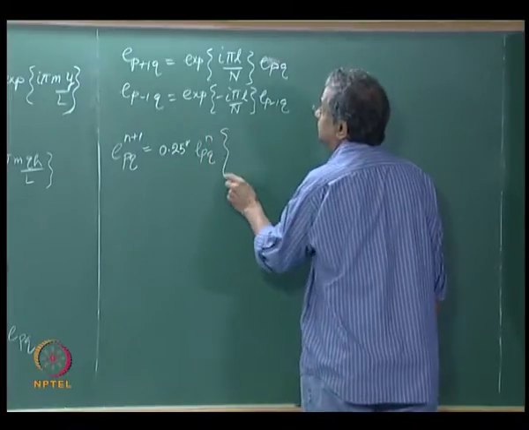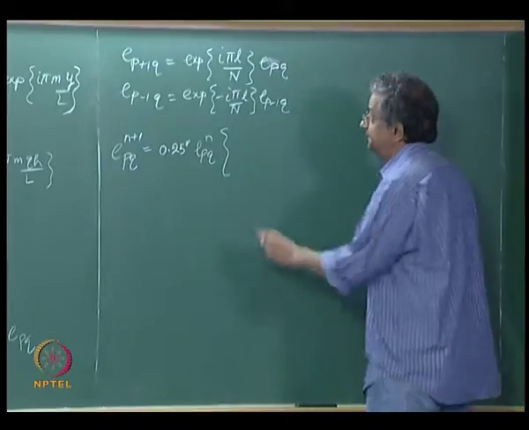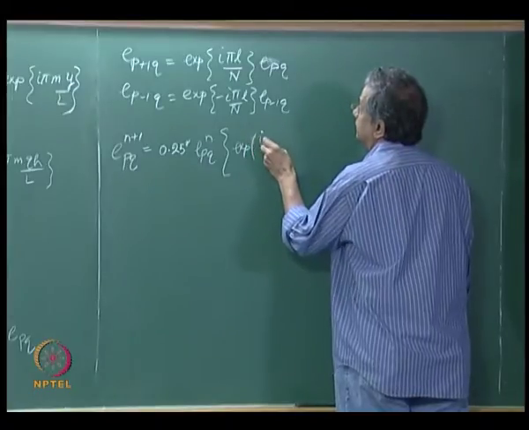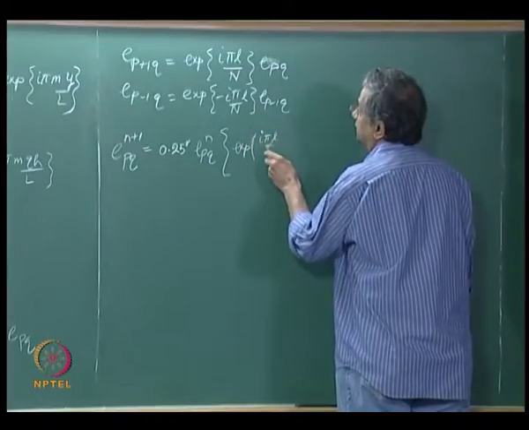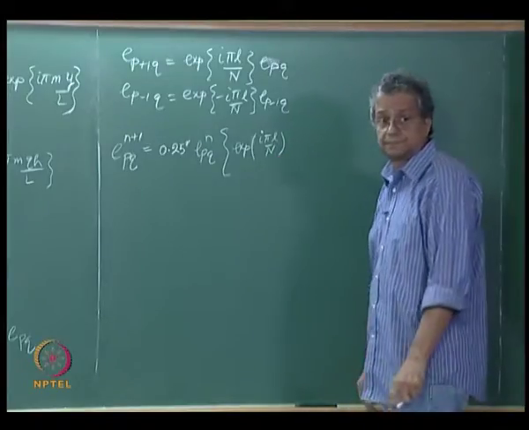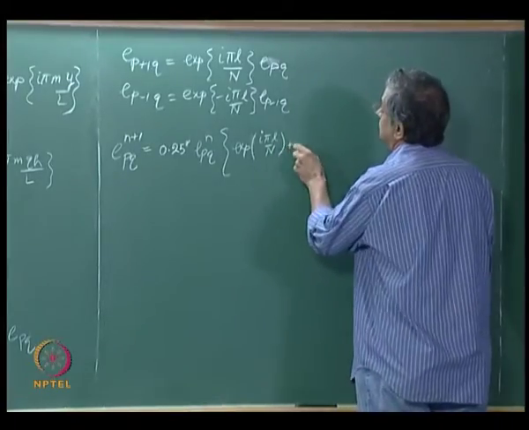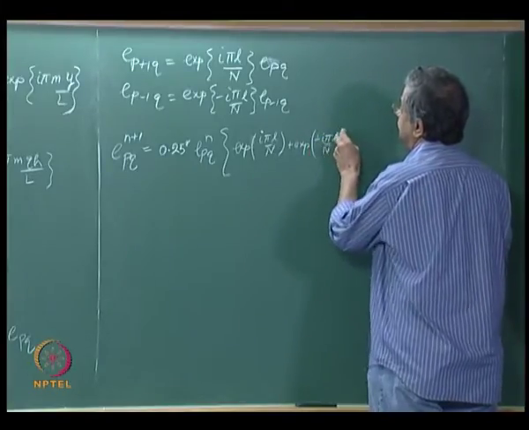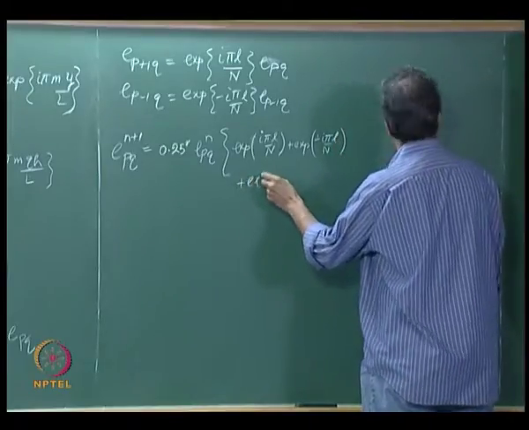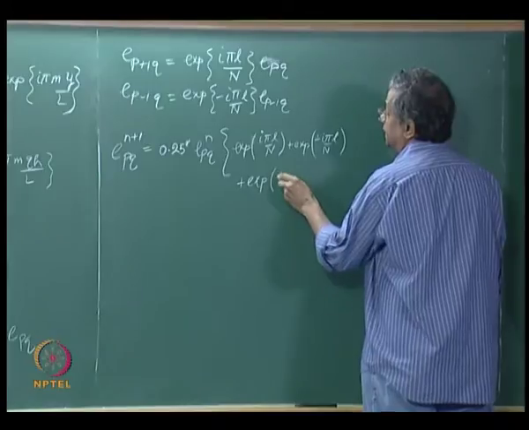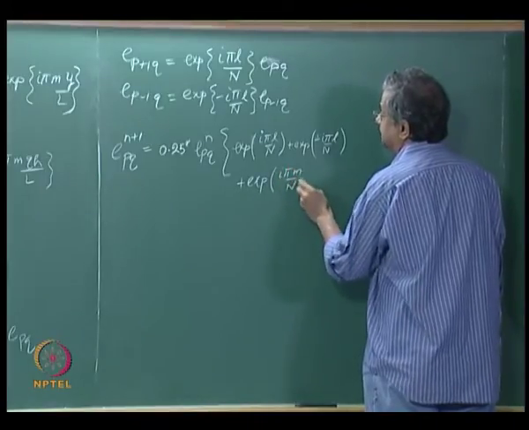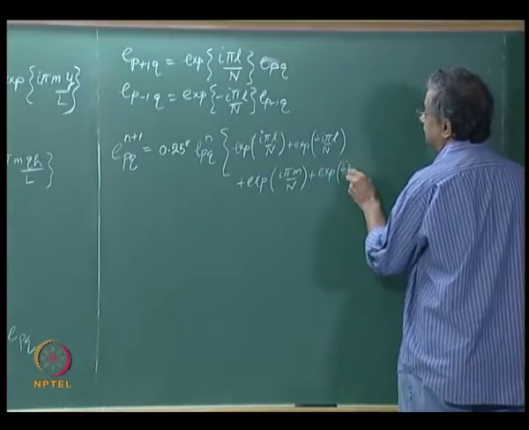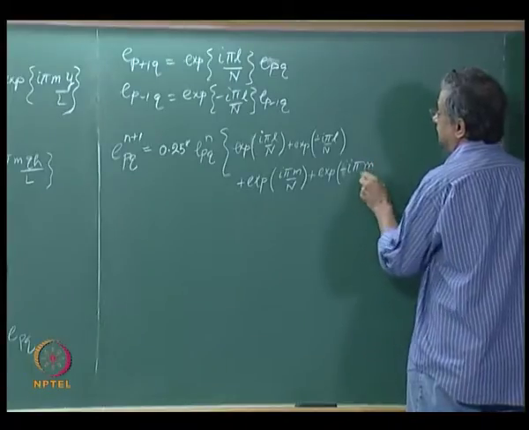E_{pq} at n multiplying exponent i pi L by n plus exponent minus i pi L by n plus exponent i pi m by n plus exponent minus i pi m by n.